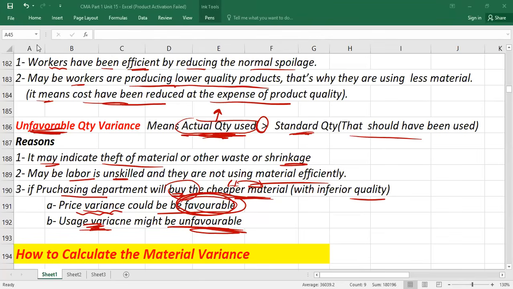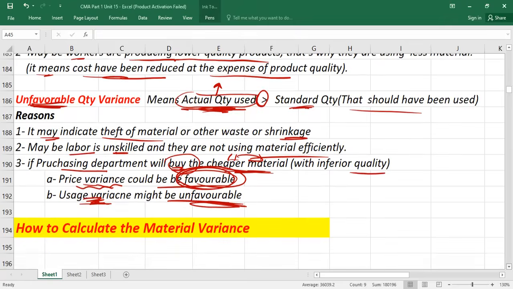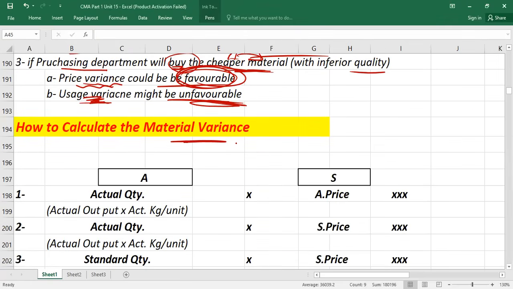Now guys, we are going to talk about how to calculate the material variance. Please remember, there are two words, because I'm going to tell you how to derive the formula now. Okay, the two words are two alphabets, A and S. And we will make three combinations of these. And this should be the sequence.